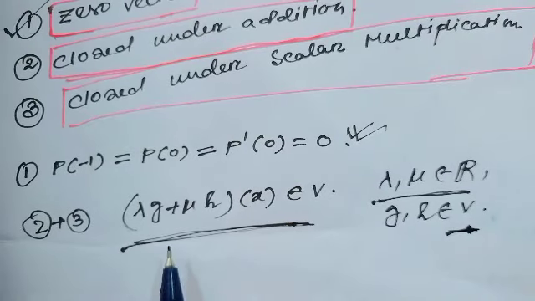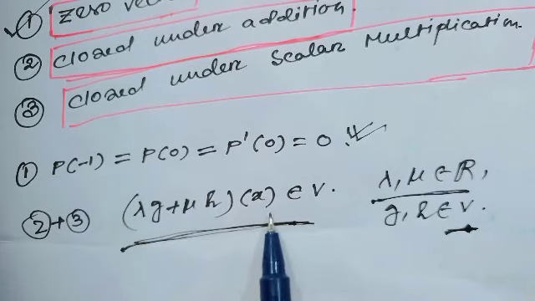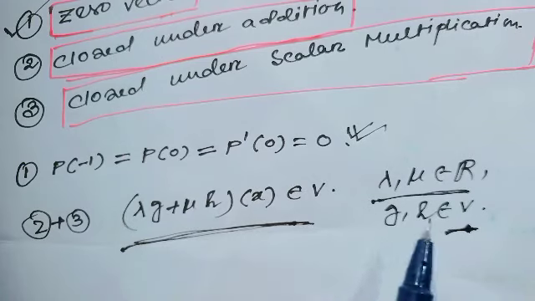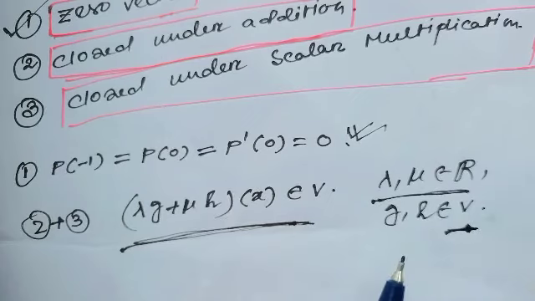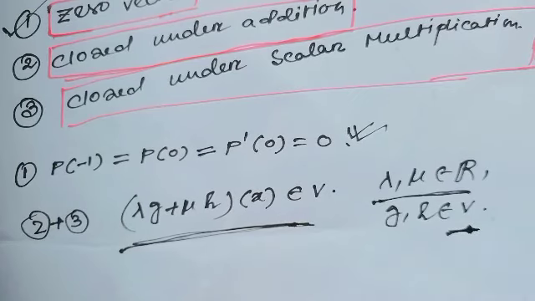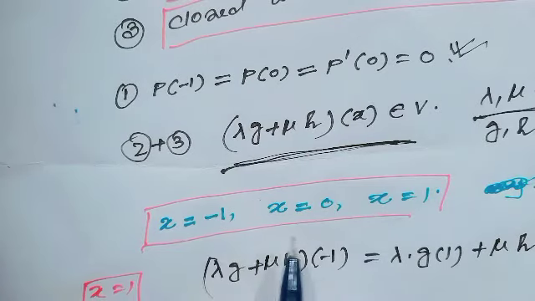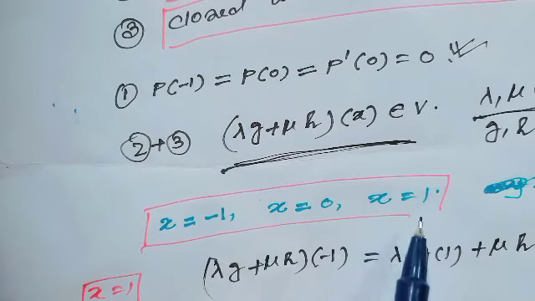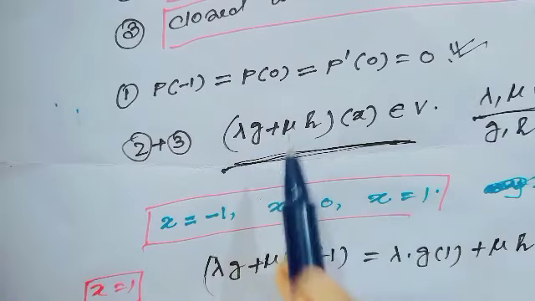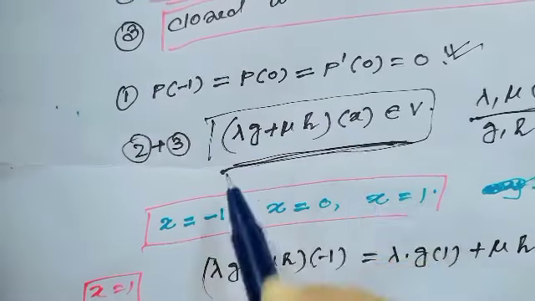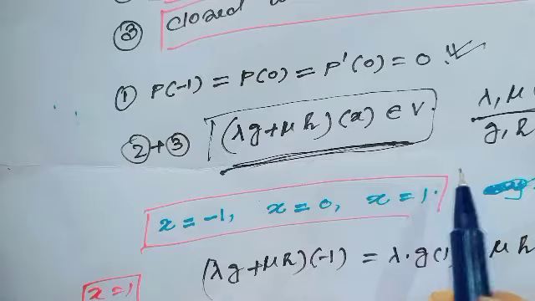If we can show lambda g plus mu h, a polynomial, belongs to V, then obviously this subset is a vector subspace. Now we have to check for the points x equal to minus 1, x equal to 0 and x equal to 1, that this type of polynomial belongs to the vector space.